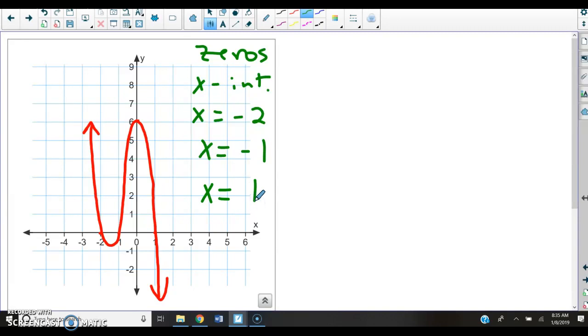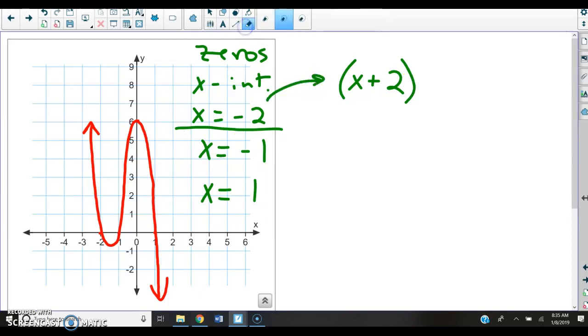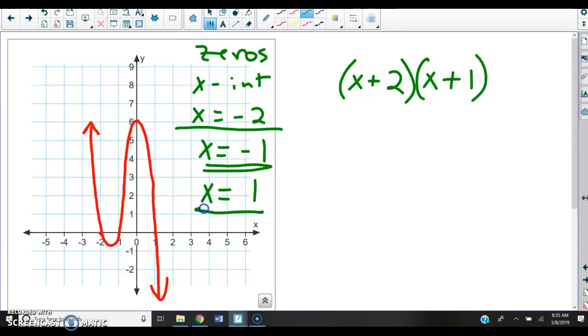So when I make that equal to 0, I can think of those zeros as being x plus 2. So remember, you can use your 0 to go back and get the factor. Then the next one is going to give me x plus 1. And the last 0 in my list will give me the factor x minus 1.